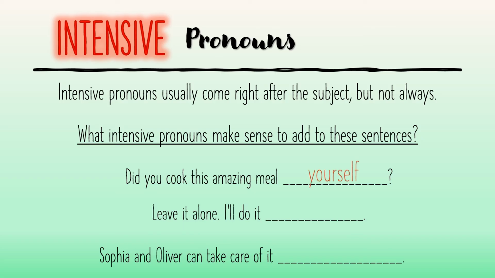Did you cook this amazing meal yourself? Emphasizing that we are asking if they cooked it on their own without any additional help. That sentence, did you cook this amazing meal, is a full and complete sentence and question on its own. But we add that yourself to emphasize that we're asking if they did it without any help.